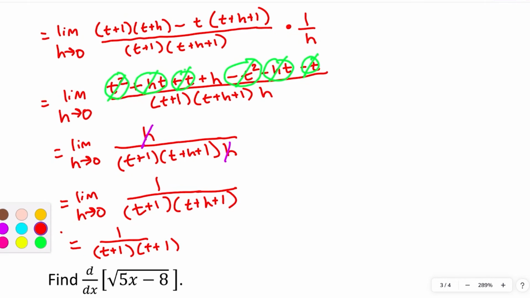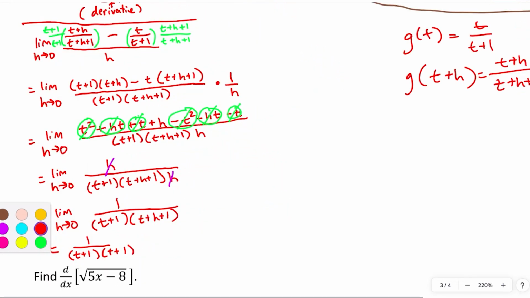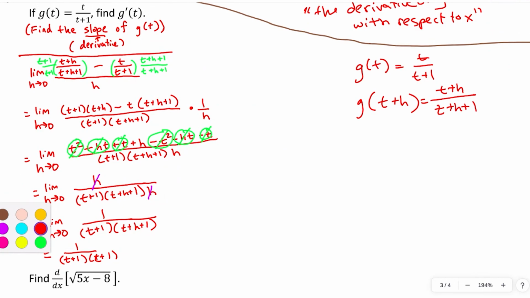This is the derivative of g. You could also write that as 1 over t plus 1 squared, though you don't necessarily need to. So this is g prime of t. Remember, we're finding the slope function: an equation that describes the slope of the original function at any, in this case, t value.